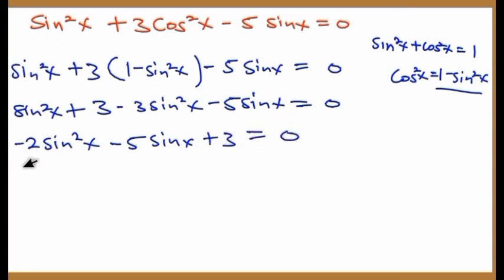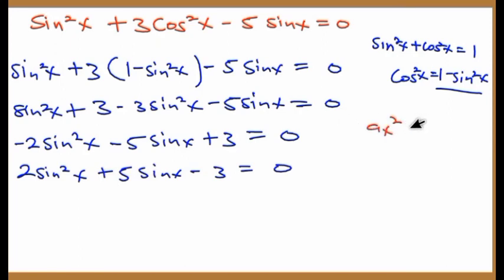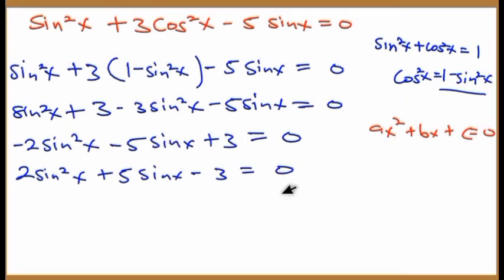So we change the negative sign, and we have 2 sin squared x plus 5 sin x minus 3 equals 0. Now here we have a quadratic equation in the form ax squared plus bx plus c equals 0, so we can factorize it.